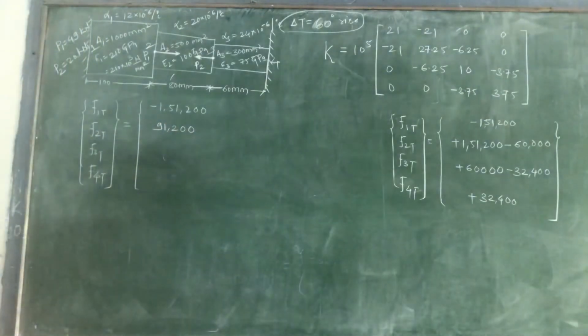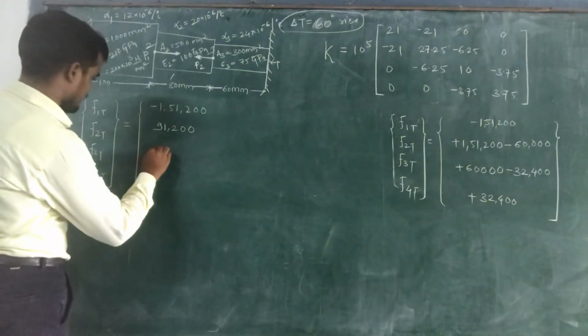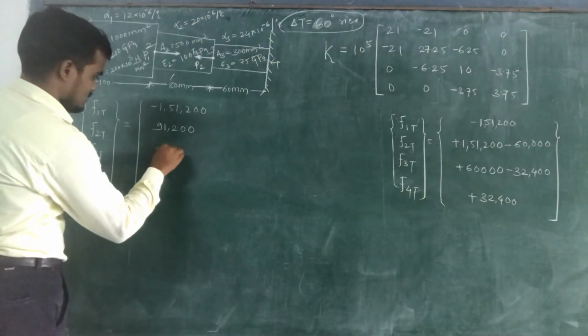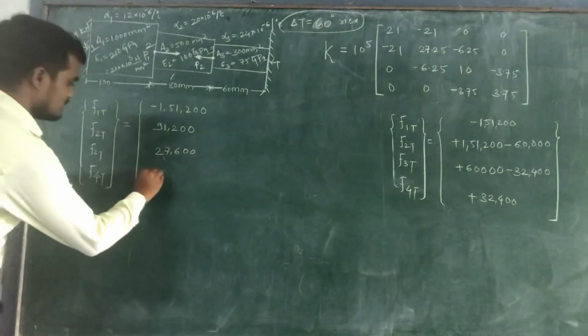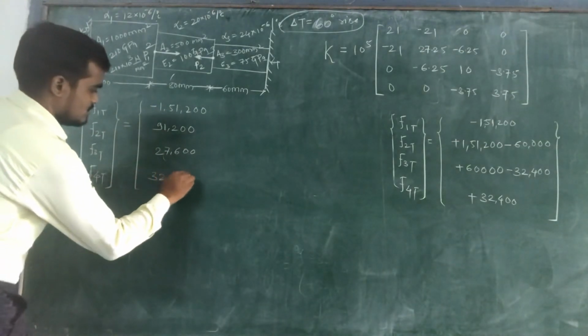1,51,200 minus 60,000 is equal to 91,200. The third one is 60,000 minus 32,400, which is equal to 27,600. And the fourth one is 32,400.